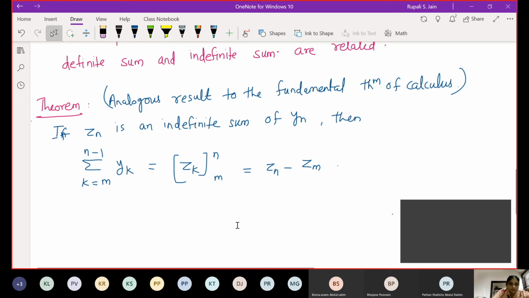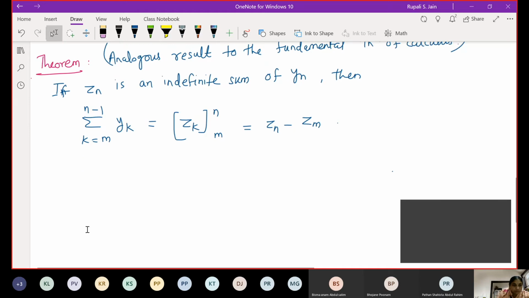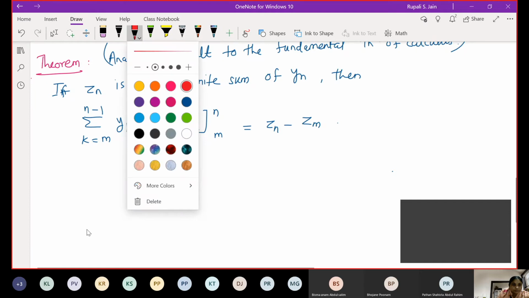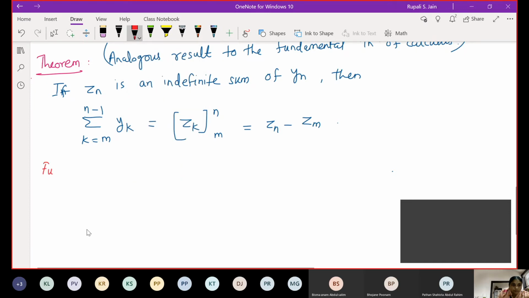I will write here the fundamental theorem of calculus.